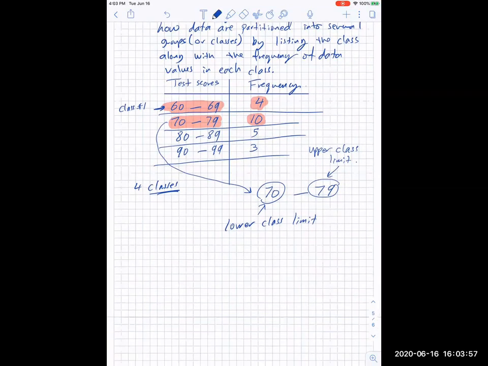Also, we have what we call class width. Now we have to be careful, guys, with class width.